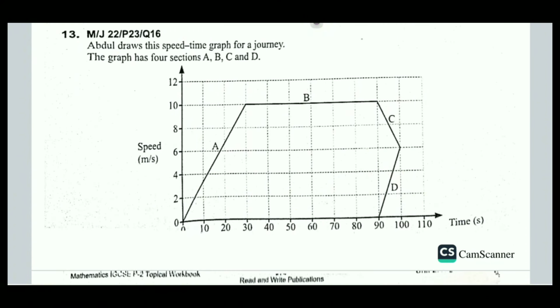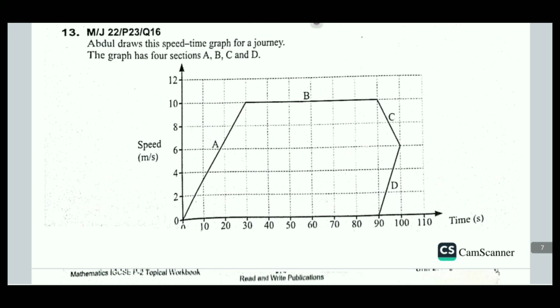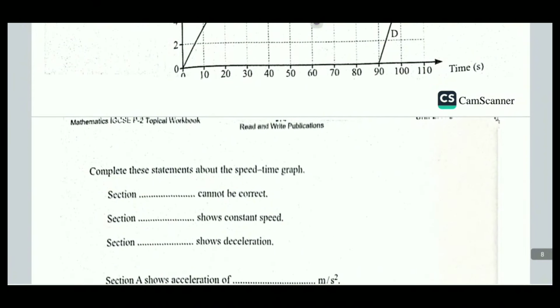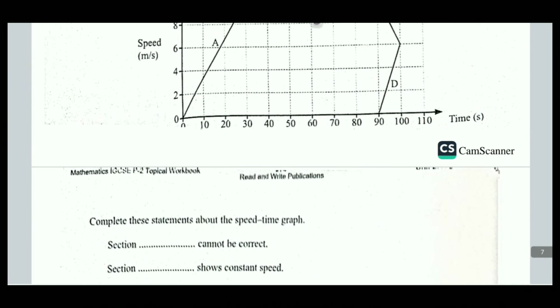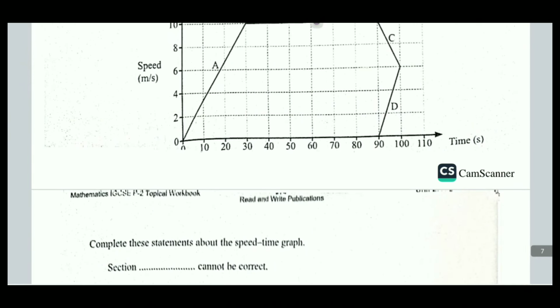Okay, the next question: Abdul draws the speed time graph for a journey. The graph has 4 sections A, B, C, and D. Complete these statements about the speed time graph. Section D cannot be correct because time cannot be 90 here; it should be somewhere here.